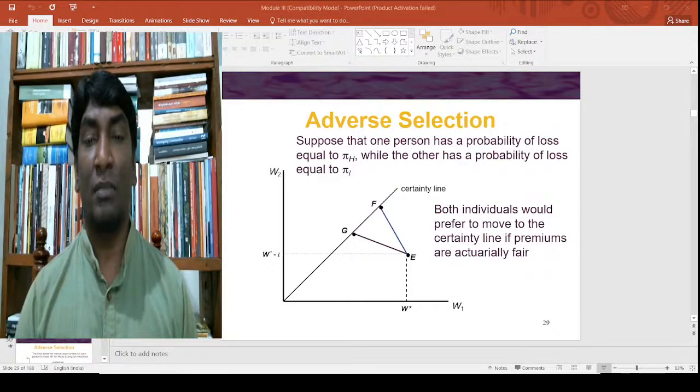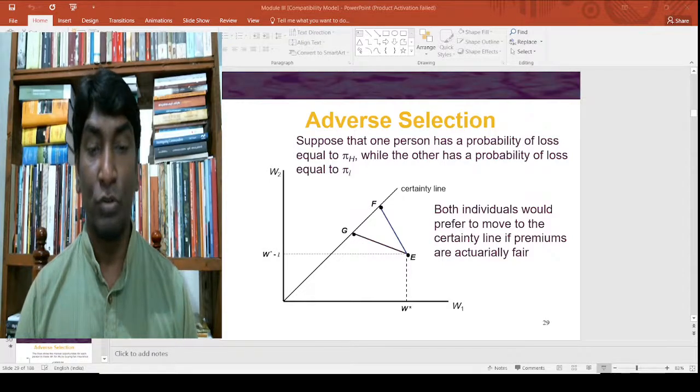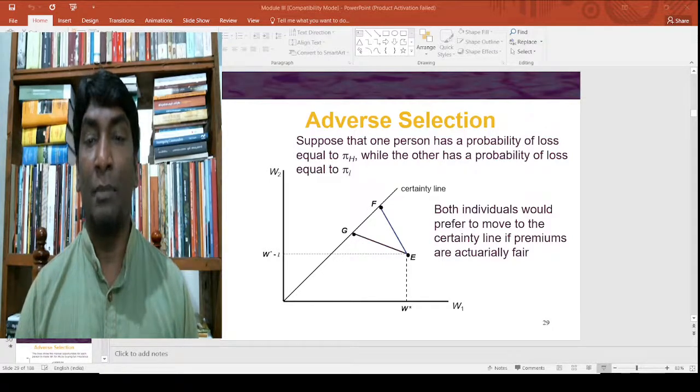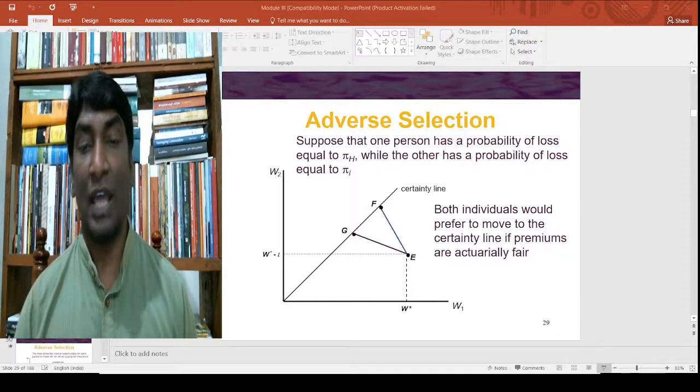The line shows the market opportunity for each person to trade W1 for W2 by buying fair insurance.